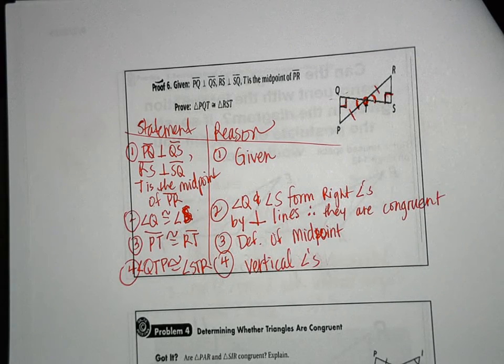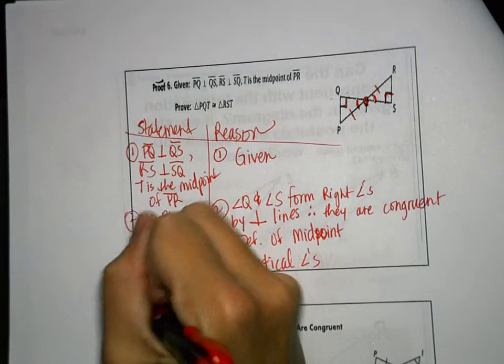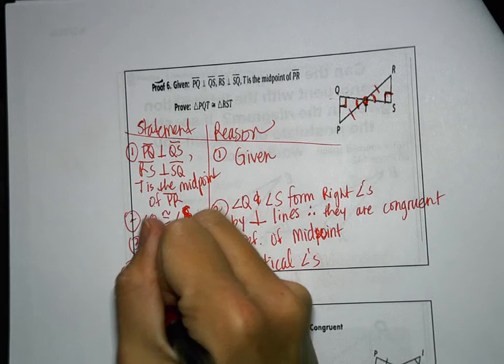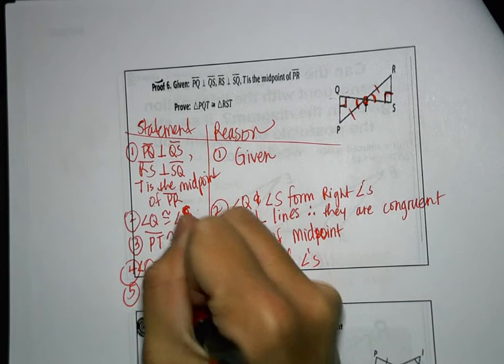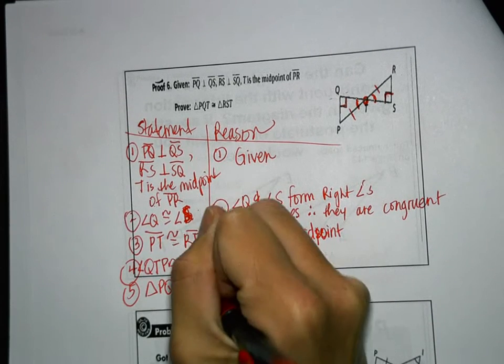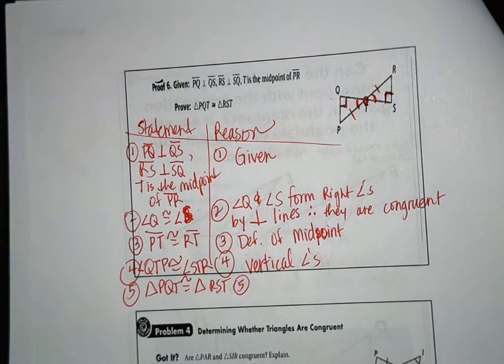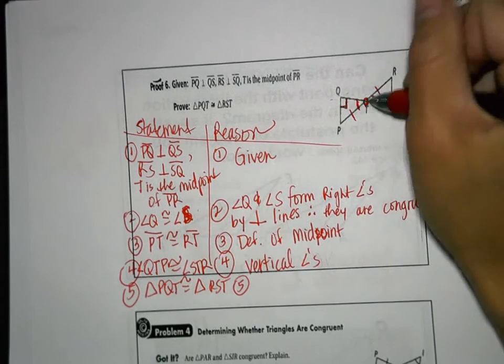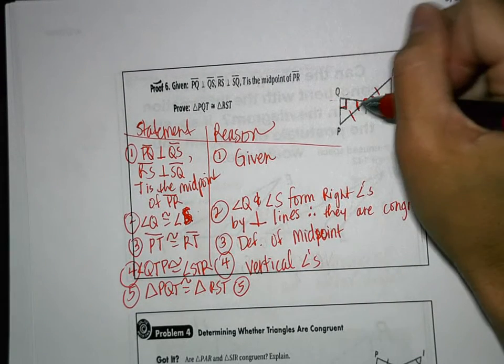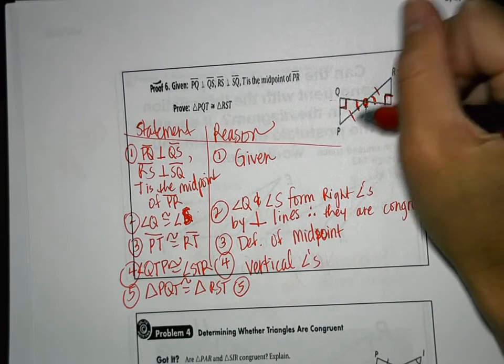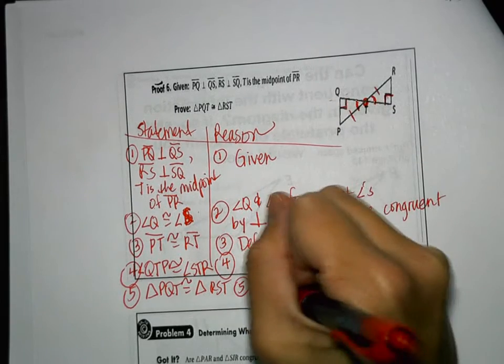So for number 5, we're going to say that the triangles are congruent. So triangle PQT is congruent to triangle RST by which method? Angle, angle, side. Remember to go in order. We have not learned anything that says side, angle, angle. It is angle, angle, side.